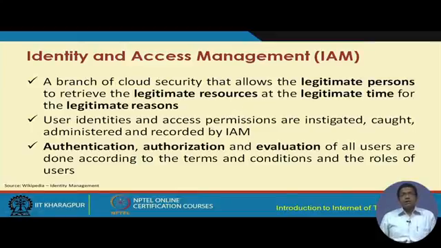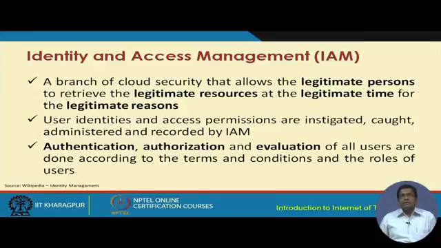So, let us first talk about identity and access management, IAM, which is basically a branch of cloud security that allows the legitimate persons to retrieve the legitimate resources at legitimate time for legitimate reasons. That is the main issue behind identity and access management in cloud security.